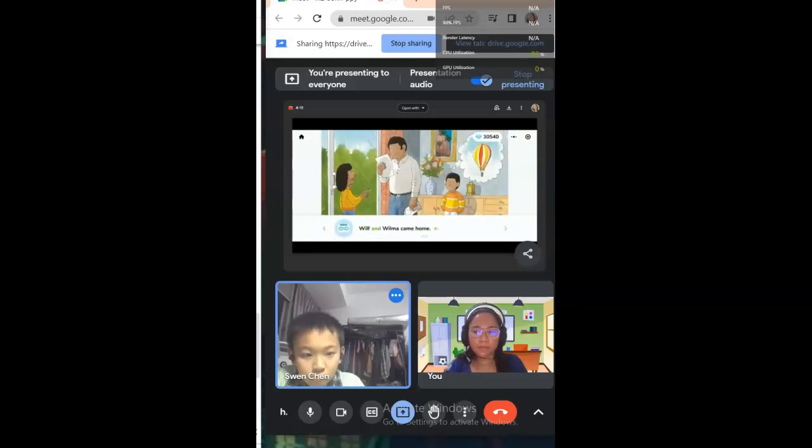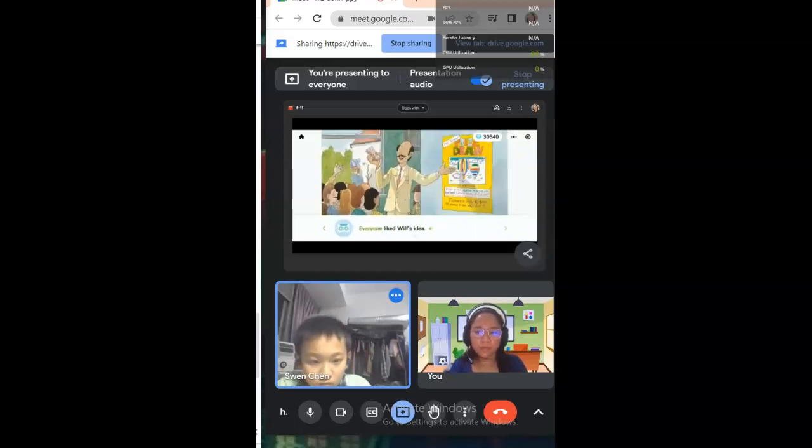Wilf and Wilma came home. They had a letter. The school wanted money. Wilf had an idea. Everyone liked Wilf's idea. It's a good idea, everyone said.